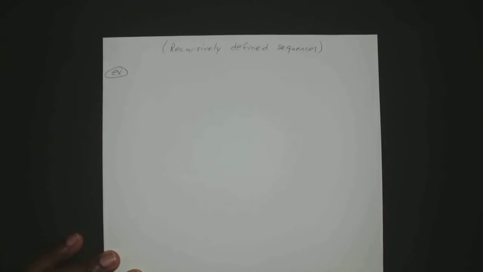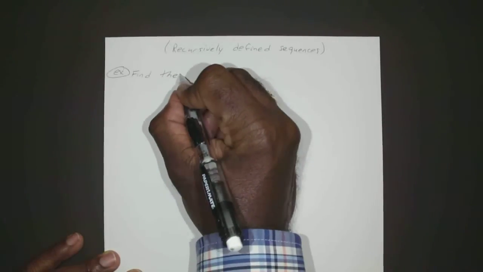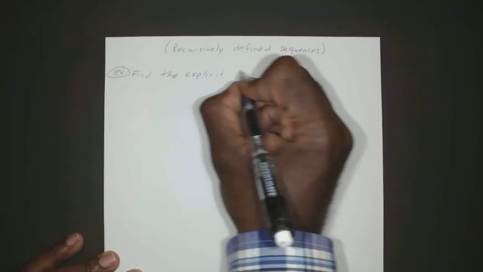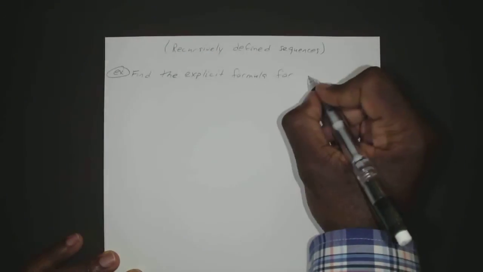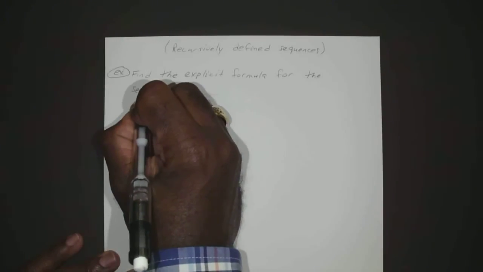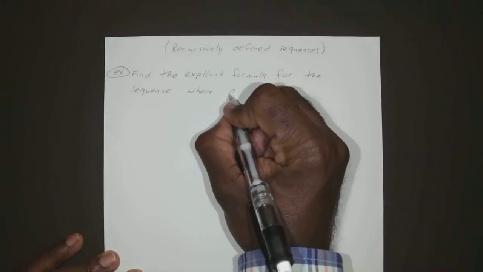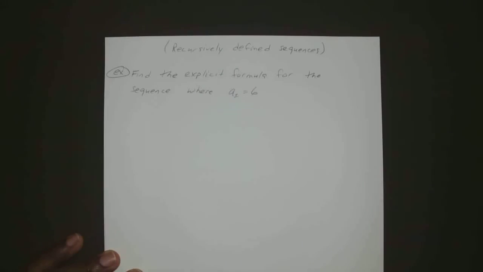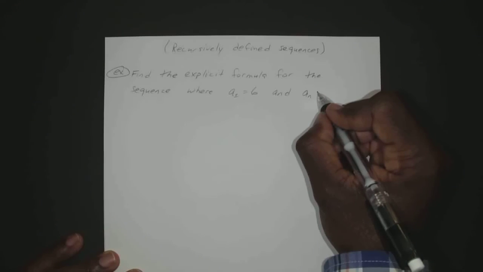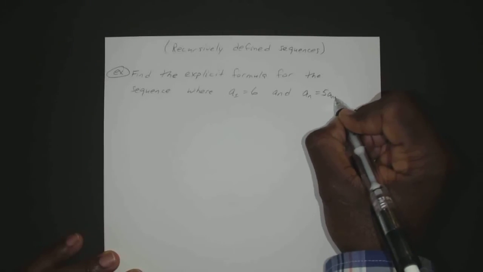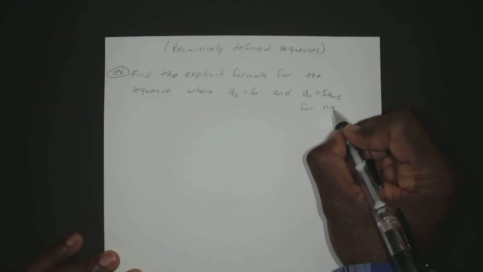Okay, so let's say, for example, find the explicit formula for the sequence where we know that the first term is equal to 6, and every term after that is equal to 5 times the previous term for every term bigger than 2.